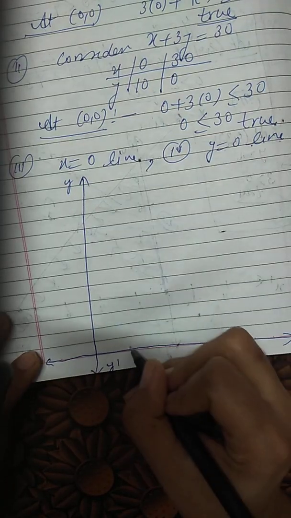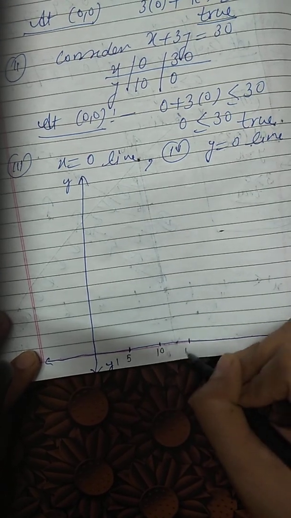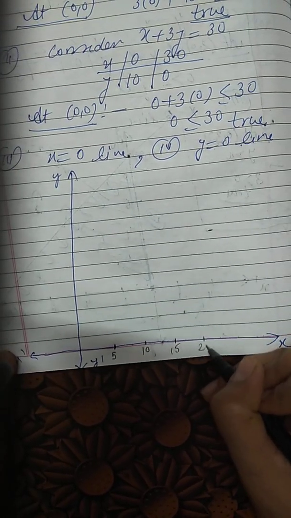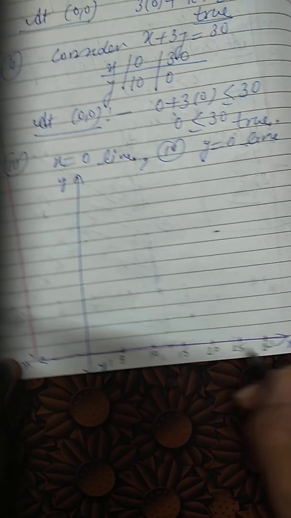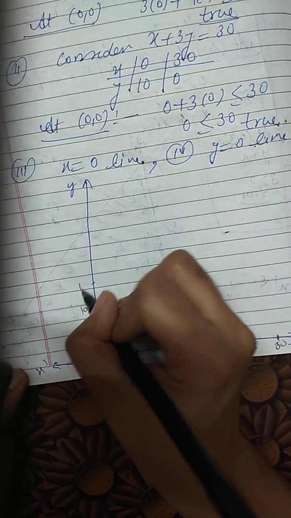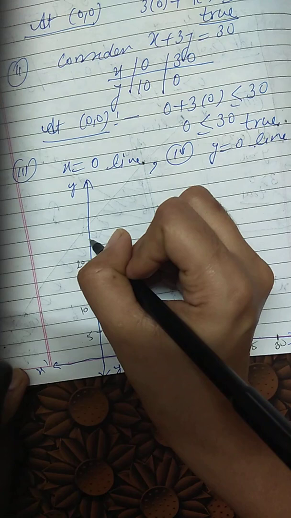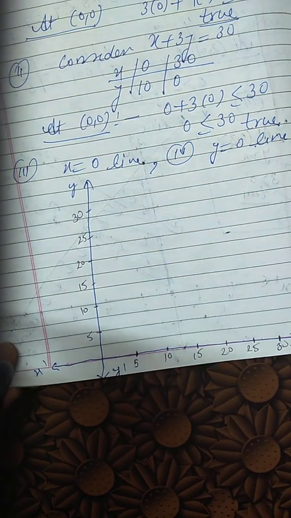So let us fix the scale for 5, 10, 15, 20, 25 and 30. Similarly 5, 10, 15, 20, 25 and 30.